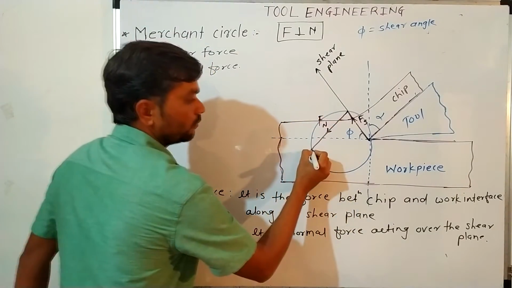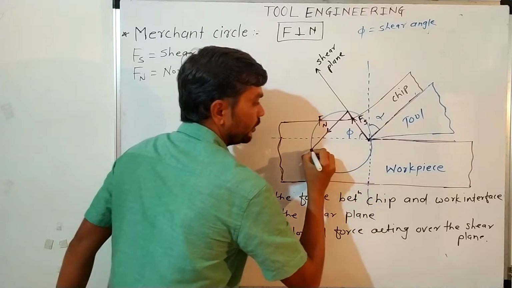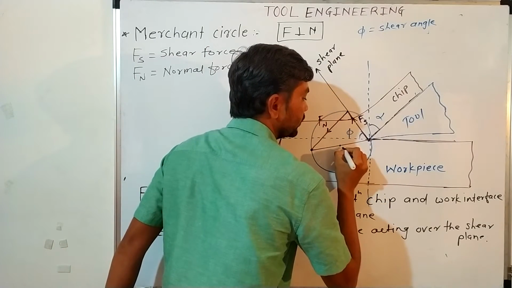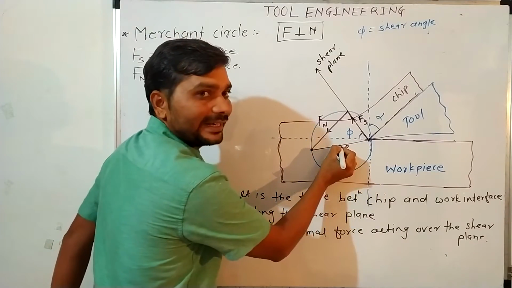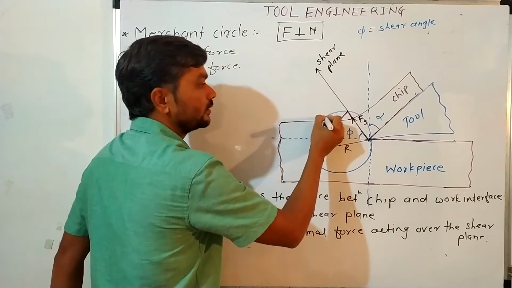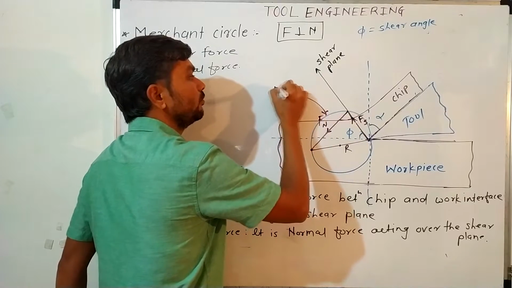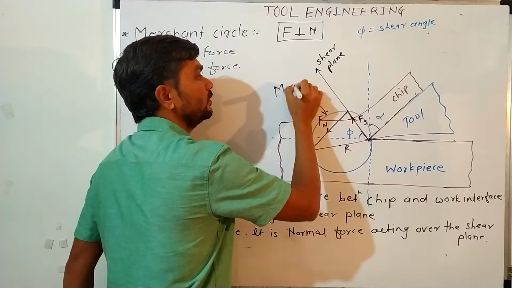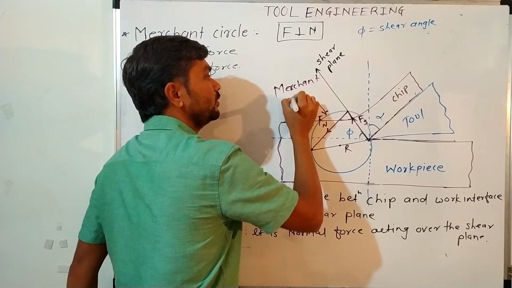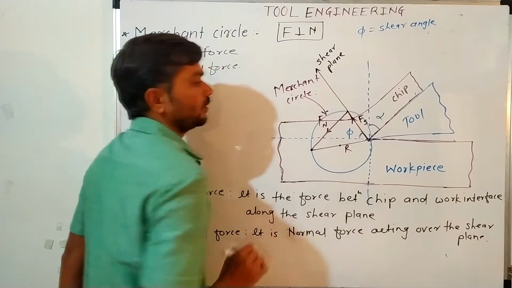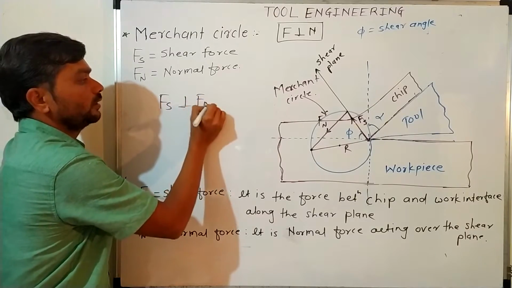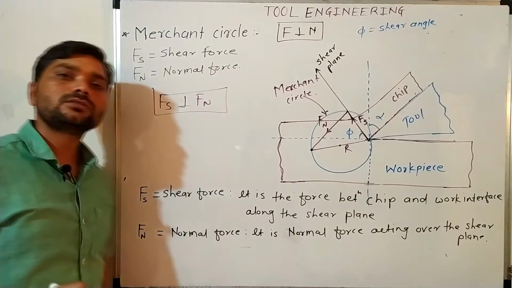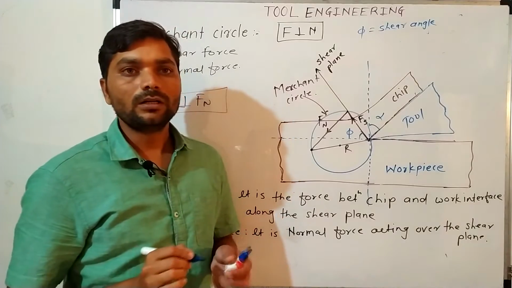When we join these two points, we get the resultant. This resultant indicates the diameter of this circle, and this circle is called the merchant circle. Here we can say that this Fs is perpendicular to the Fn. So this is about the third set of force.